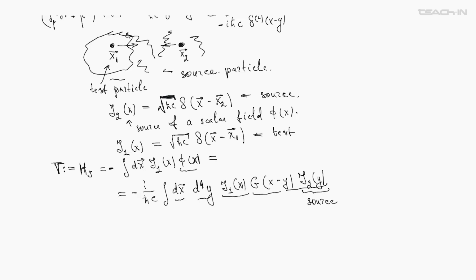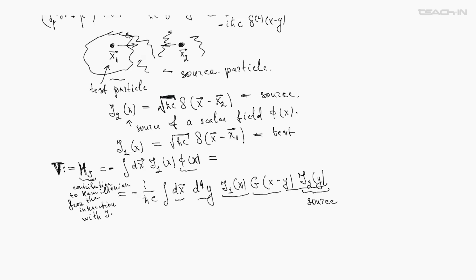So HJ is a contribution to the Hamiltonian from the source, from interaction with J. Okay, and this gives extra energy. So this extra energy I denote by V. It's the same as HA.